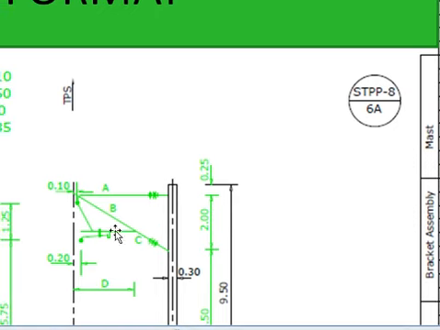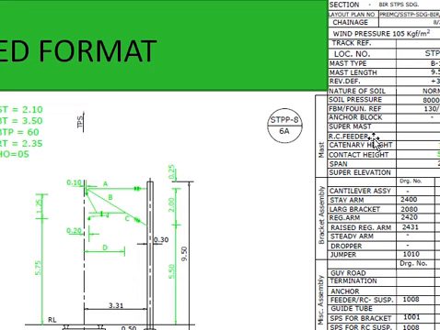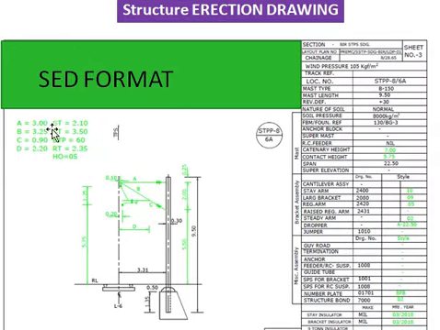This is a cantilever portion of a mast, and all the parts are mentioned, and this ABC is the horizontal distance from this point to this point to this point. We have made one table over here which records all the values, and at the top the dimensions are mentioned.